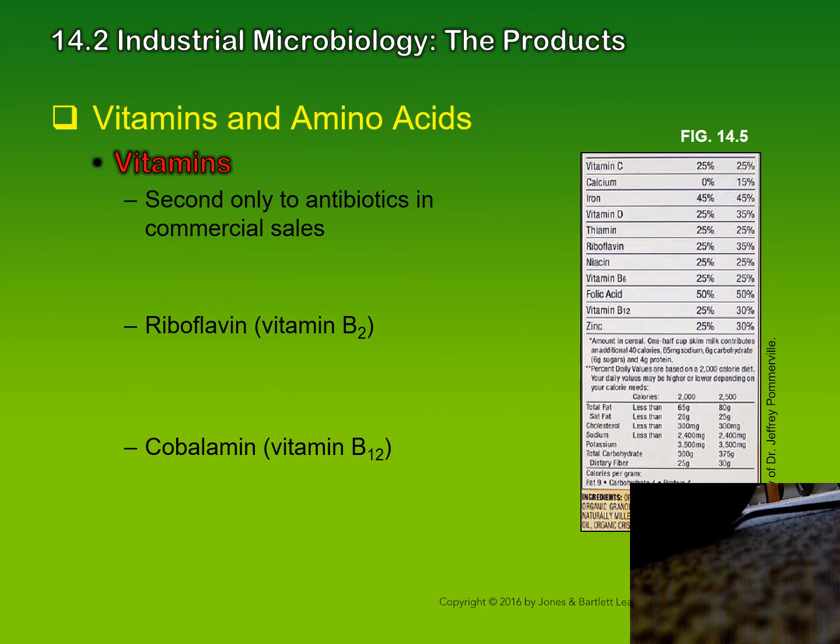There are so many things that use vitamins, especially as food additives, that these are big products. And these are generally vitamins that the human body can't make. B2 and B12 are two examples where a human just can't make them.